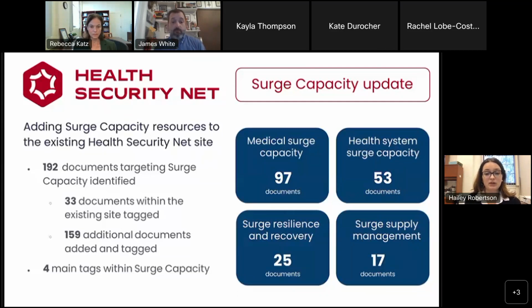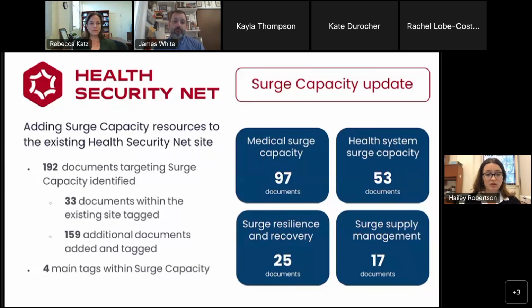For surge resilience and recovery, we found resources describing how to develop those resiliency methods, the recovery strategies. You may notice that this category has quite a bit fewer documents than the others. We expect that this is a category that we'll see grow as we continue to learn from the COVID-19 pandemic and as we develop updated methods for resilience and recovery.